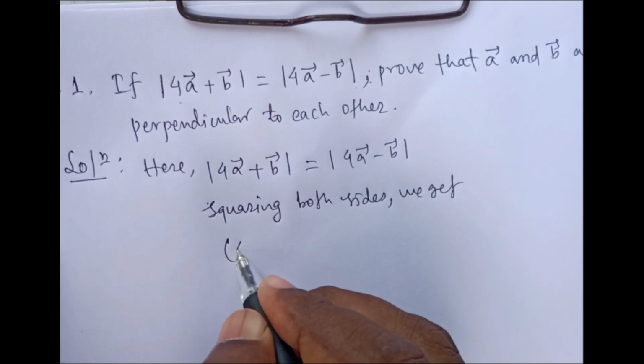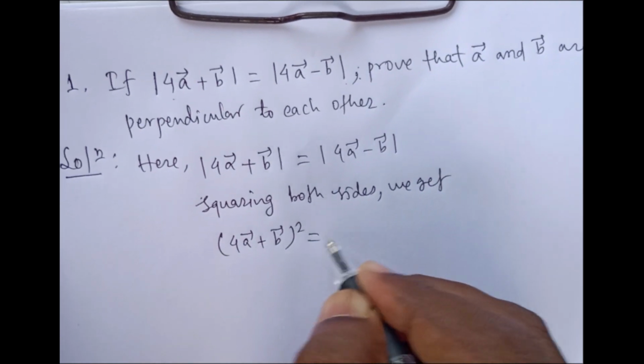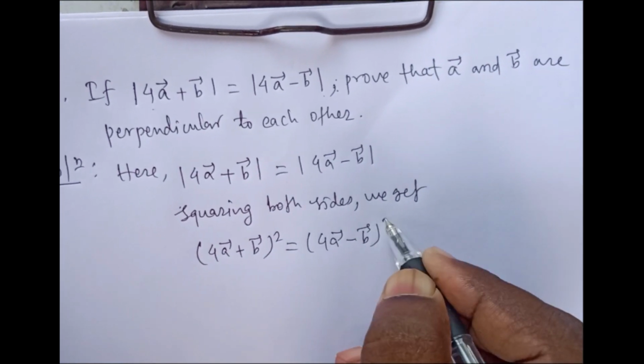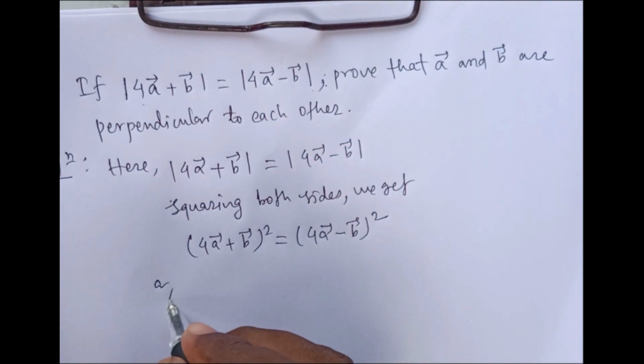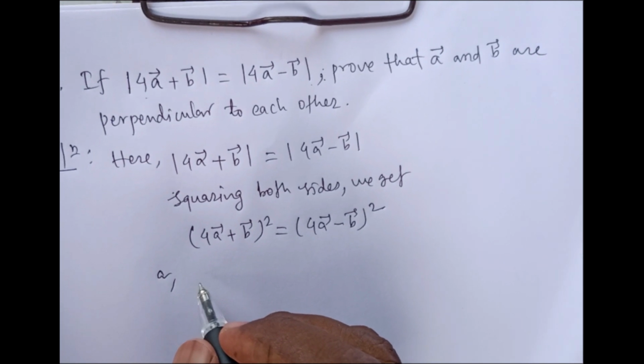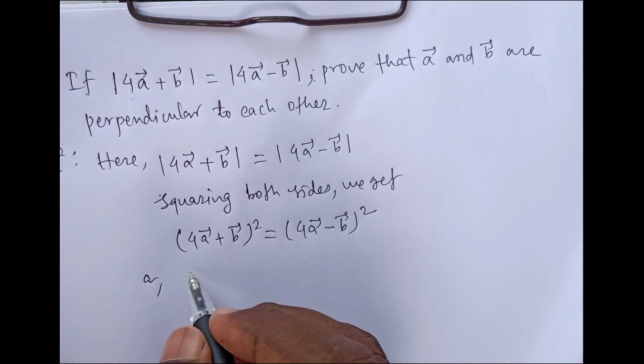Now let us square it, as we know that (a + b)² = a² + 2ab + b².